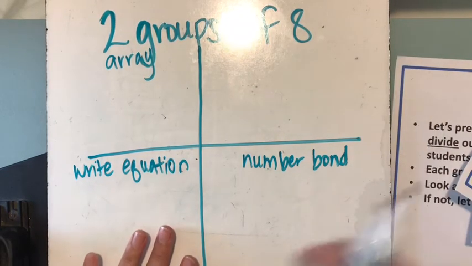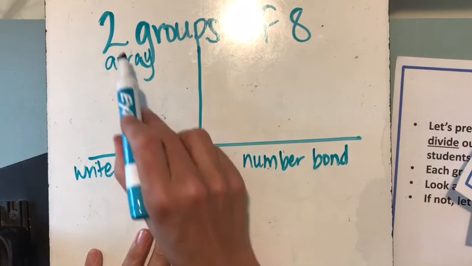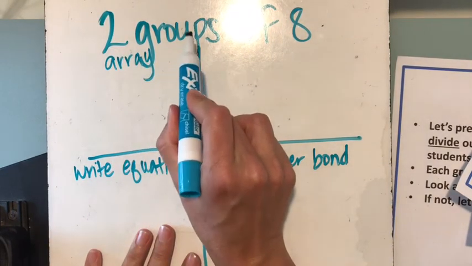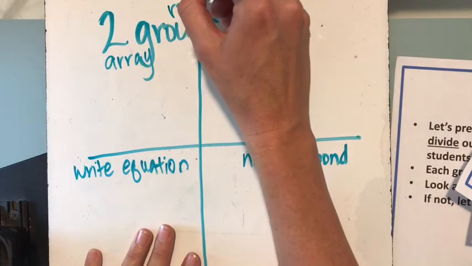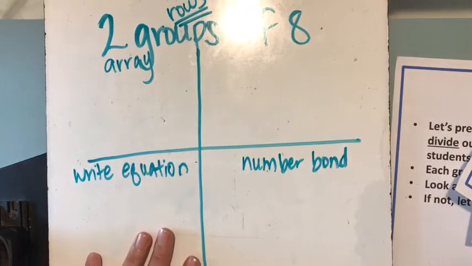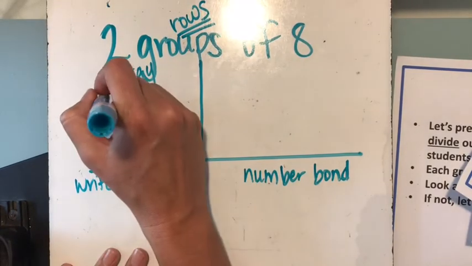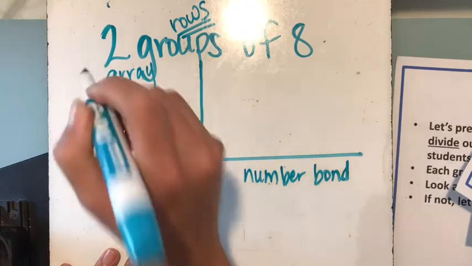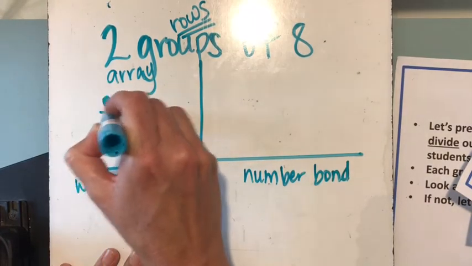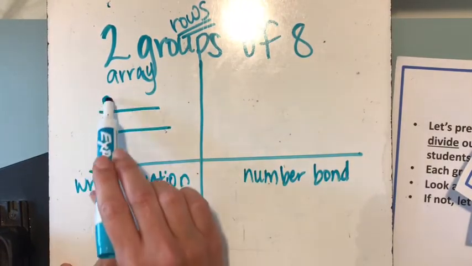All right, here's our array. So with my array, I know I have 2 groups, right? Or 2 rows. Remember, groups also can mean rows. So I like to do it this way, but like I said, if this doesn't work for you, that's okay. If it confuses you, that's okay. I have 2 rows. 1, 2. 1, 2.